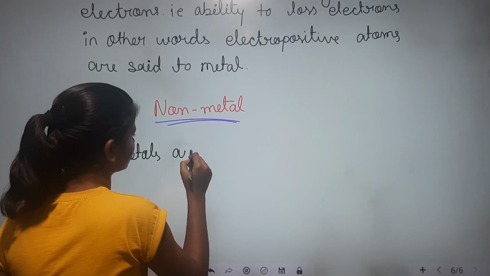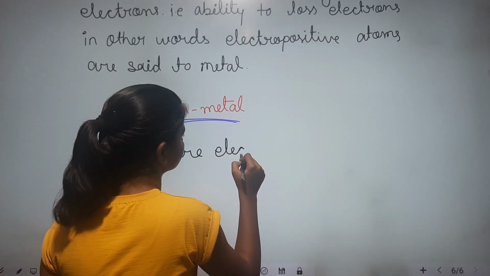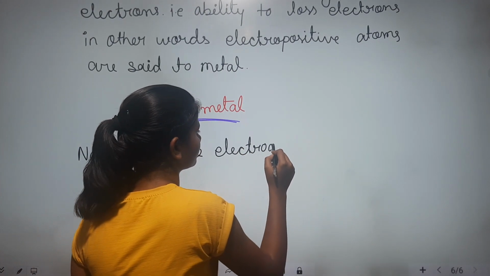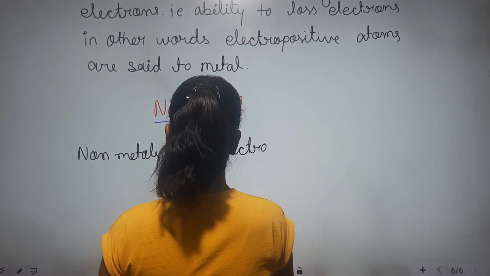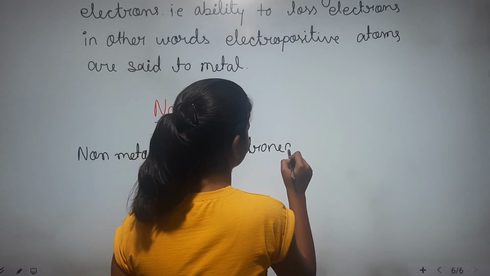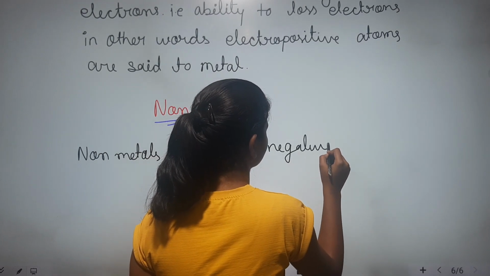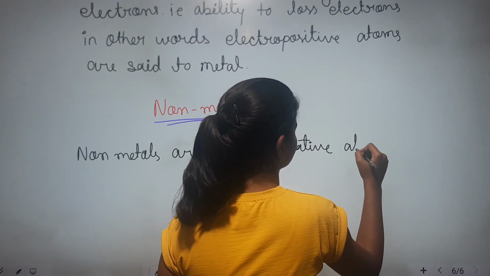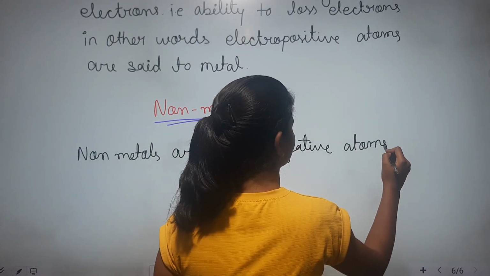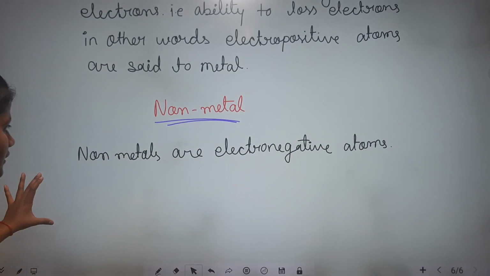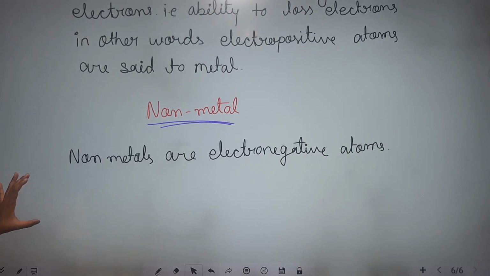Non-metals are electronegative atoms. So this is a simple definition of non-metals: non-metals are the electronegative atoms. And what is metal?